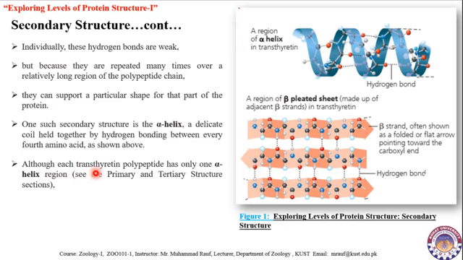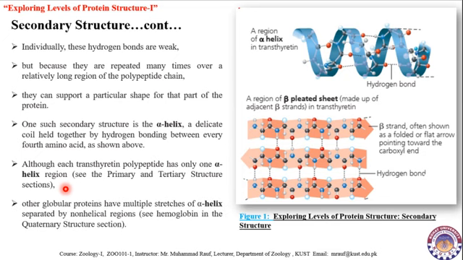Although each transthyretin polypeptide has only one alpha helix region, other globular proteins have multiple stretches of alpha helix separated by non-helical regions.